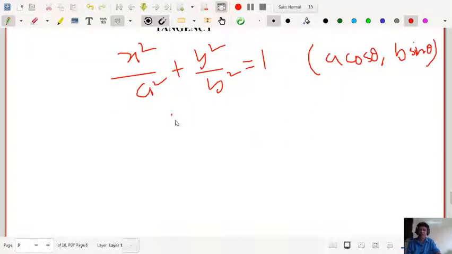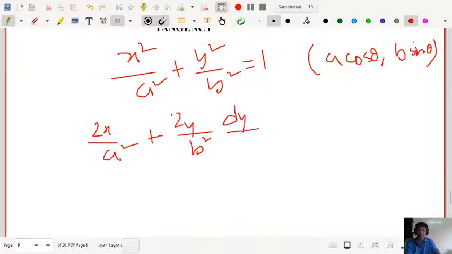And how will you get the equation of the tangent in this case? If you differentiate this, x, sorry, in this case you have 2x by a square plus 2y by b square dy dx equal to 0, if you differentiate both sides.